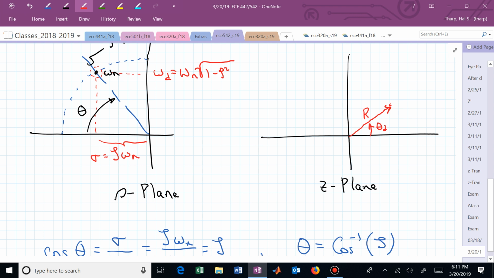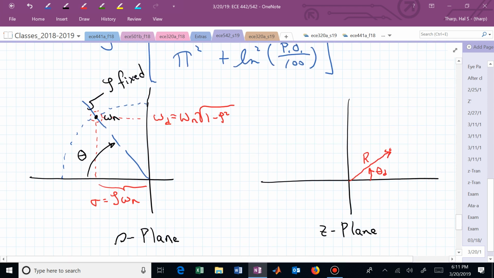That's our z-plane point consistent with our point S in the S-plane. Now what we want to do is look at what happens for constant damping ratios. What does that look like as far as a curve shape in the z-plane?